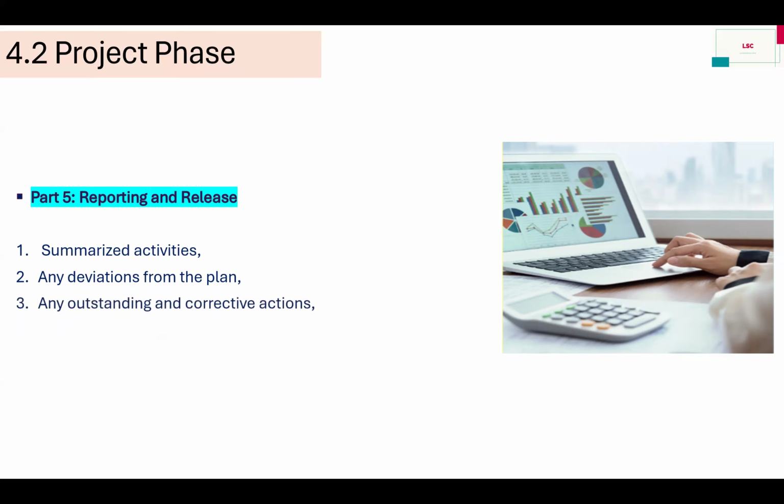Any outstanding items and corrective actions we took at that time, we summarize, so that we have a comprehensive report in which we can identify everything in one simple report. At the end, we have to provide a statement of fitness for the intended use of the system.